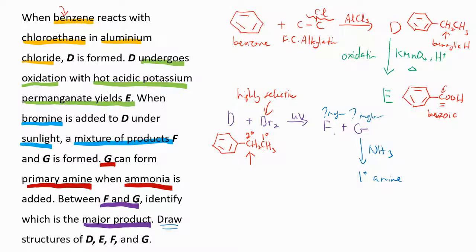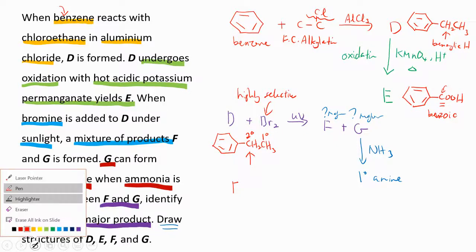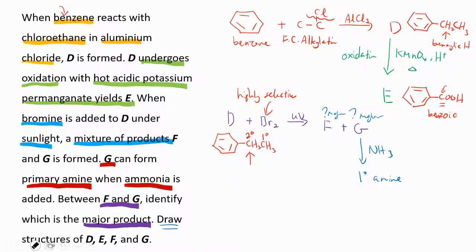So the major one will be, I rewrite it here, I draw the structure first, it's easier. So we will get major and minor. Another one will go to the primary carbon.